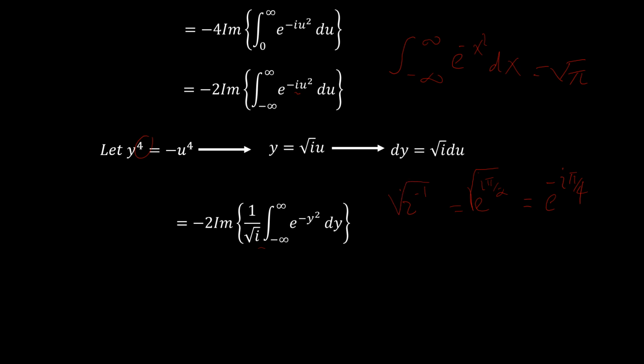So, and this is 1 over root 2, cosine pi over 4 is root 2 minus i 1 over root 2. Okay, and definitely this pi is the square root of pi, the Gaussian integral.